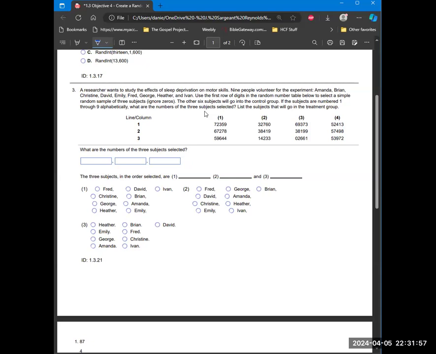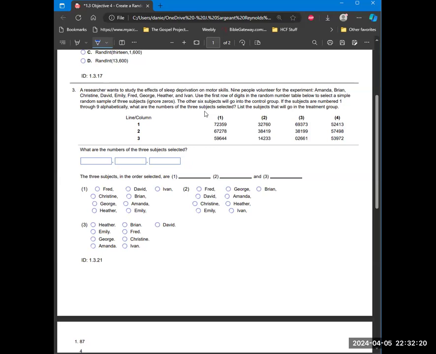The other 6 subjects will go into the control group. If the subjects are numbered 1 through 9 alphabetically, what are the numbers of the 3 subjects selected? List the subjects that will go into the treatment group.